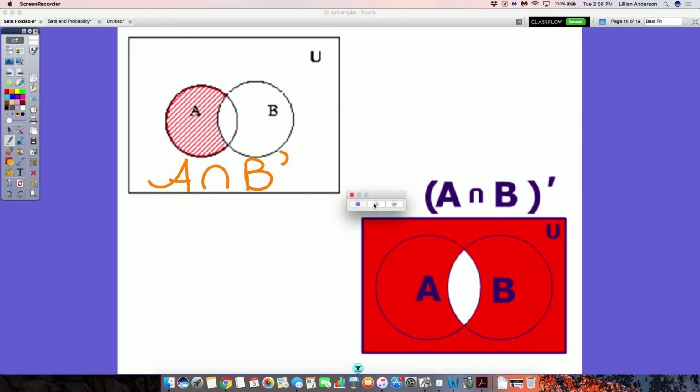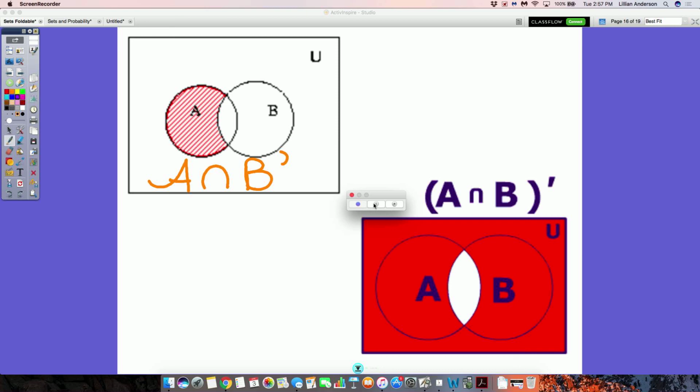In these types of problems, sometimes you will be asked to shade certain regions that represent things like what you see in the orange, A intersection B complement, or the intersection of A and B and the complement of that. Sometimes you'll be asked to shade certain regions, so it's important that you know how to do that. Part of your homework, you are going to be doing some shading as well. They're going to give you basically a sentence, and they're going to ask you to shade the region that represents that sentence.